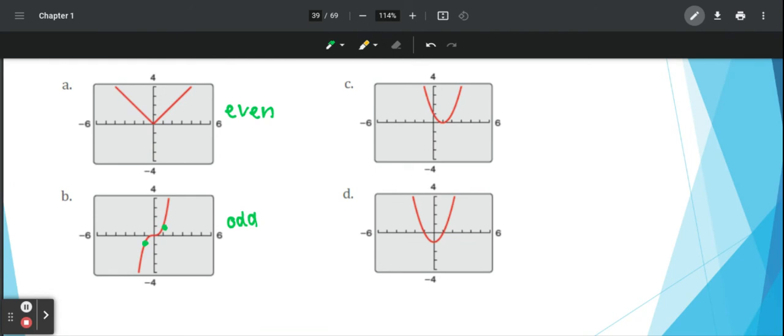For C, we don't have symmetry across that y-axis, so this would be neither. So be careful that just because it has an even degree doesn't automatically make it an even function. And just because it has an odd degree doesn't make it an odd function. And if you look at D, again, we have that symmetry, so this would also be even.